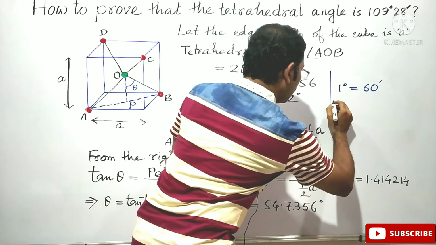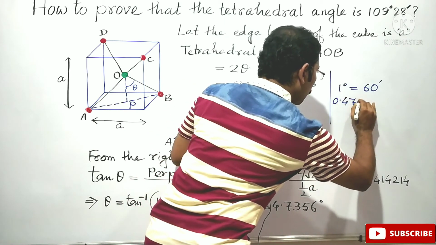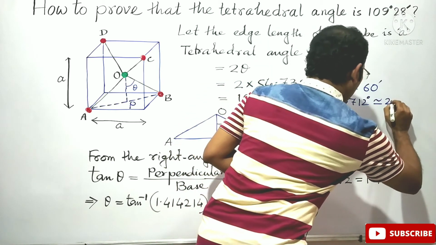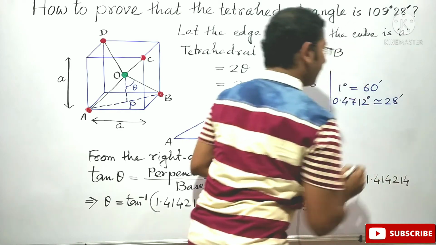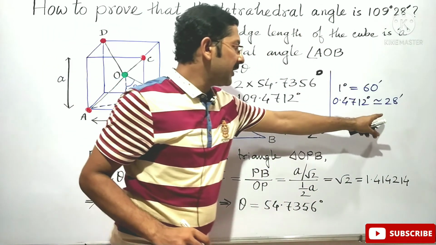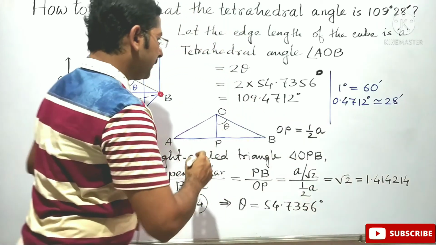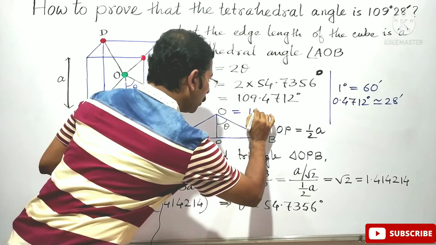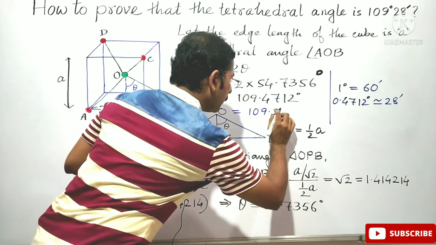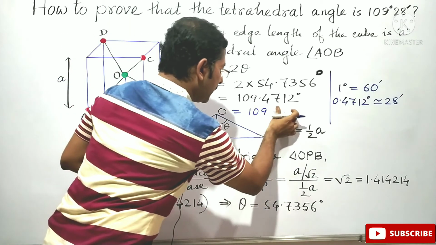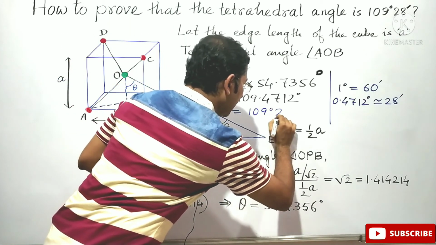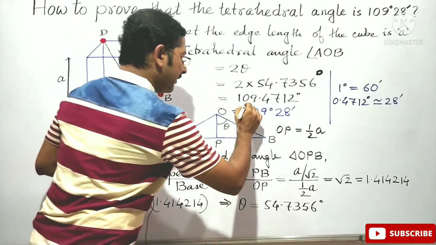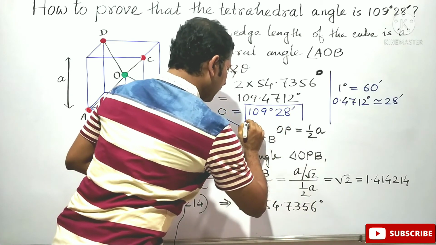So 0.4712 degree is almost equal to 28 minutes. This is actually around 28.2, so 28 minutes. So this is 109 degree and 28 minutes. This is our tetrahedral angle, 109 degree 28 minutes.